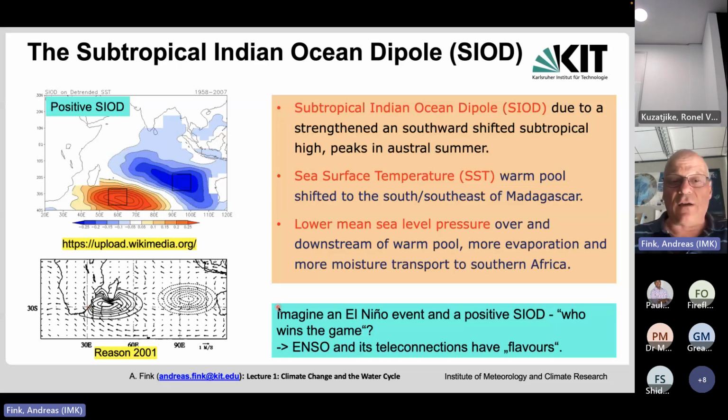And this SIOD is not strictly coupled to El Niño. So imagine you have an El Niño, your forecast would be for below-normal rainfall, but there is a positive SIOD occurring. Who wins the game? I just wanted to tell you, ENSO and its teleconnections have flavors. And if anything, an ocean-atmosphere coupled model should forecast the SIOD to get the teleconnection to South Africa right.